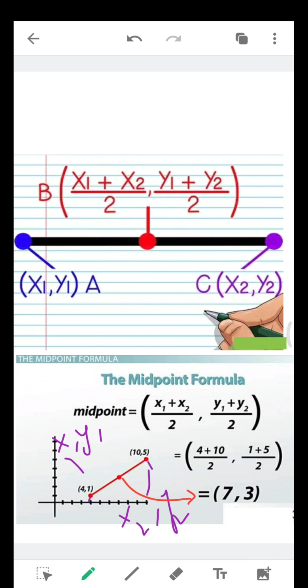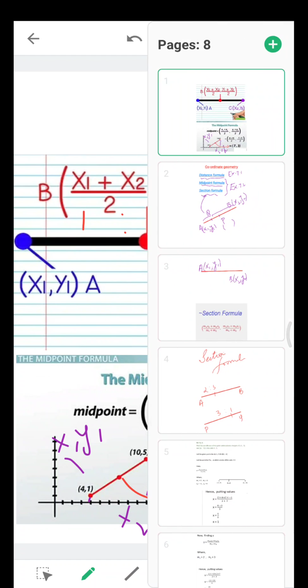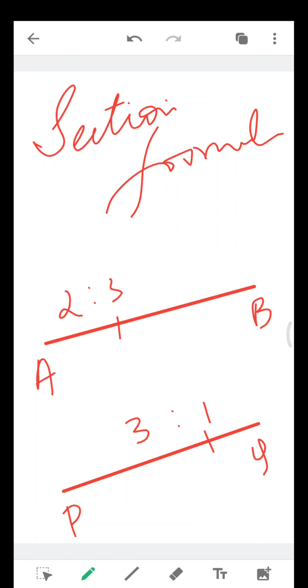What is the ratio here? In which ratio is this divided? This is divided in the ratio 1 is to 1, isn't it? Equally divided. If it is not divided equally, and you want to find this point P, or this point A or anything, when you want to find the point which divides a line segment, then we use section formula.